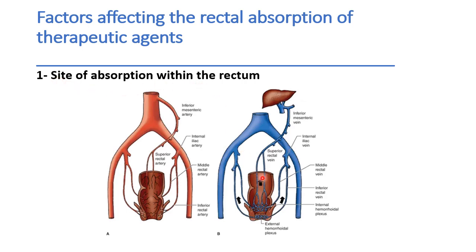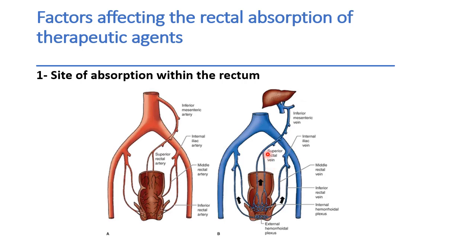From the anatomy of the rectum, we know that there are three rectal hemorrhoidal veins. These are the superior rectal vein, the middle rectal vein, and the inferior rectal vein. Following absorption from the rectum, the therapeutic agent enters one of these rectal veins.